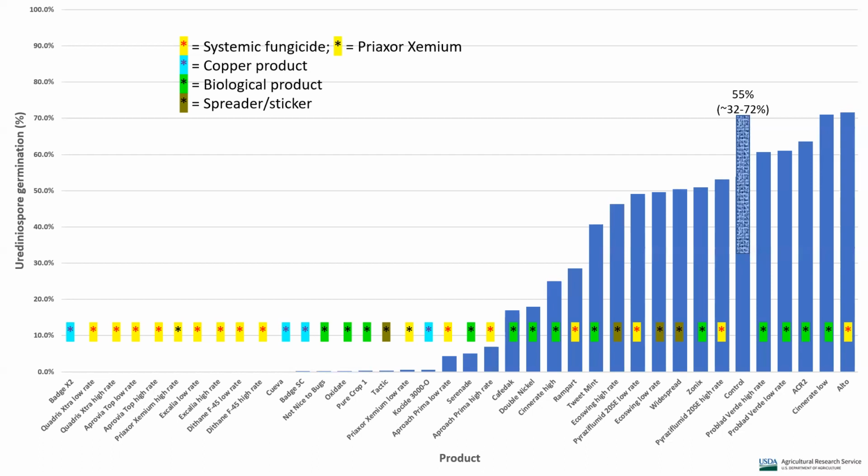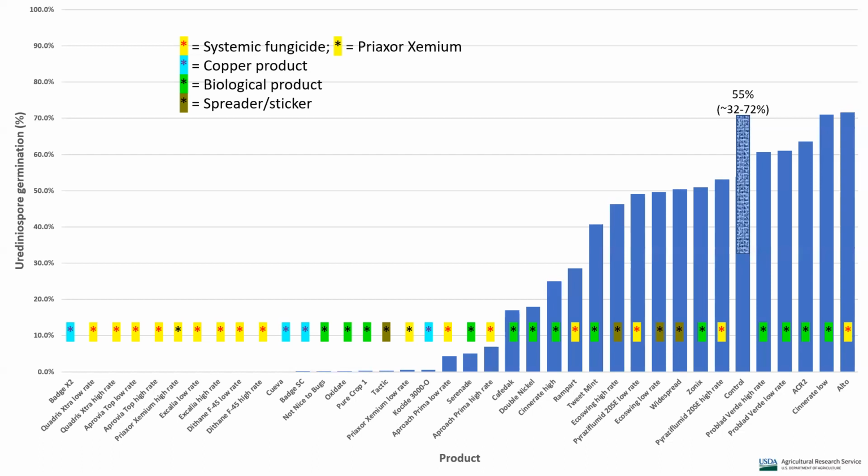Overall, it's important to note, obviously follow the law. It's the label, it's the law. What is the active ingredient? It's important to know the mode of action, because some of these products don't claim to have a direct effect on the pathogen itself. Some actually trigger plant defense mechanisms.